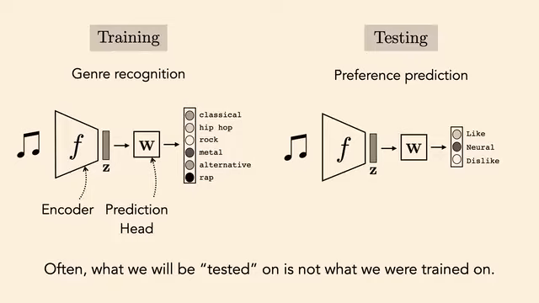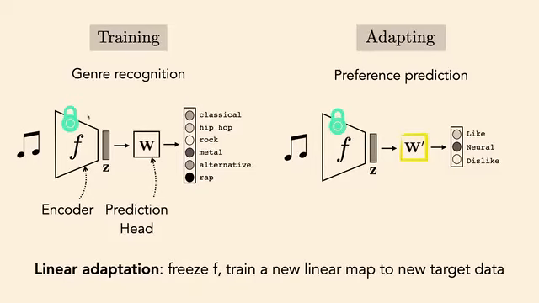So the trick is that we will just use our same encoder up to some layer in the network, and we will only retrain the final readout. That might be a linear operation, which would be called a linear probe, or it could be an MLP or something else.